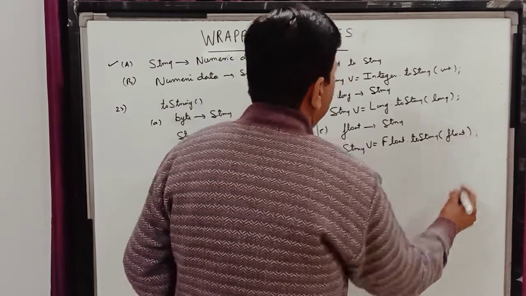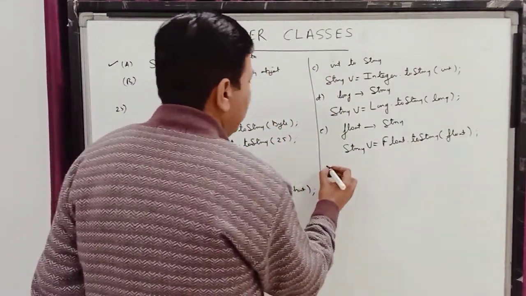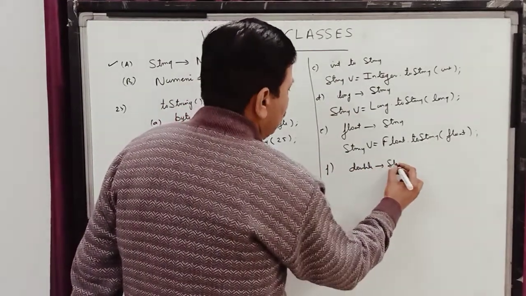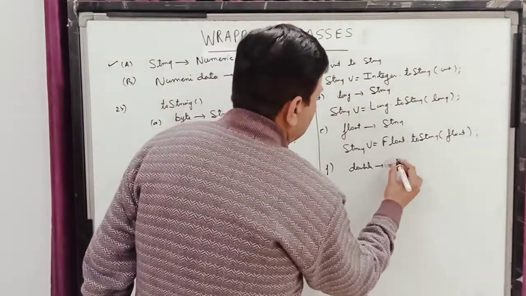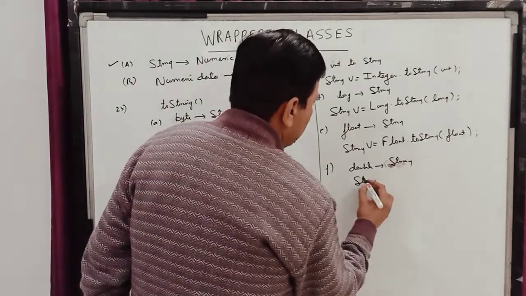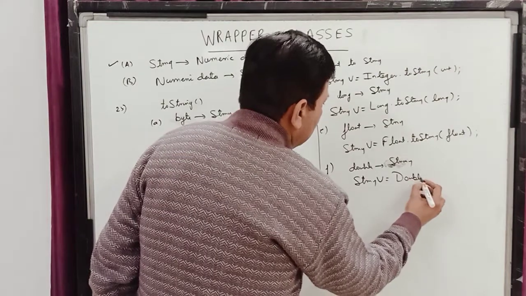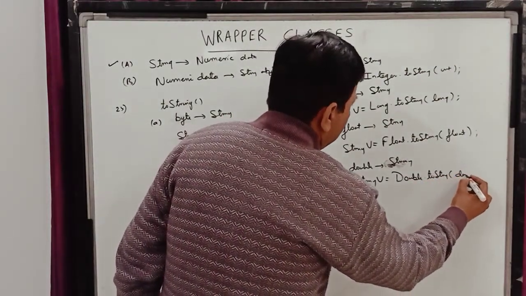So children, in all these formats I am using the wrapper classes. And if I want to convert my double data type into string, then I use string v is equal to Double.toString, and here I write the value.